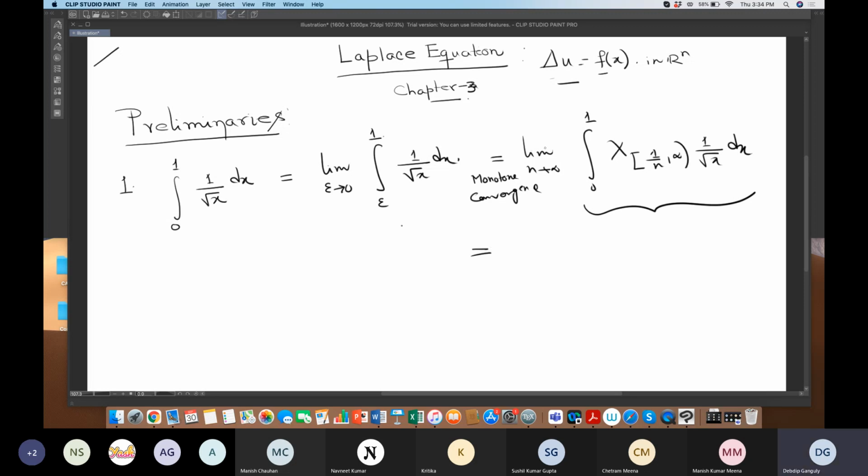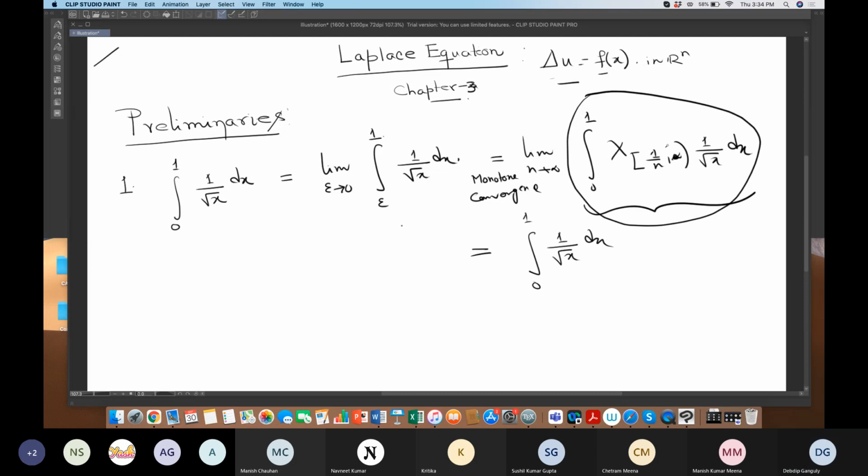Now monotone convergence says that the limit will be, by the monotone convergence theorem, the integral of 1 by root x dx. Now you can compute this because this is a very nice integration. This is a Riemann integrable function, the characteristic function of [1/n, 1] times 1 by root x dx. So you can integrate this.